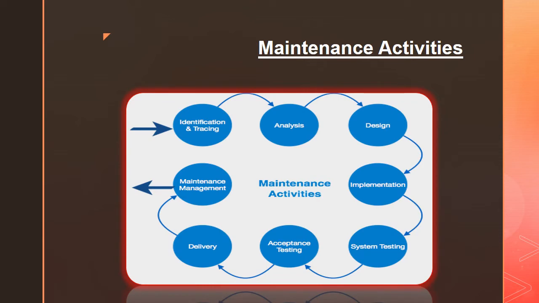Now these are the maintenance activities that go hand in hand with each of the following phases, and we need to take care of all these phases. So we start with the first phase, that is identification and tracing. In this phase, we analyze or identify all the requirements that are related to the modification, or where maintenance is required.